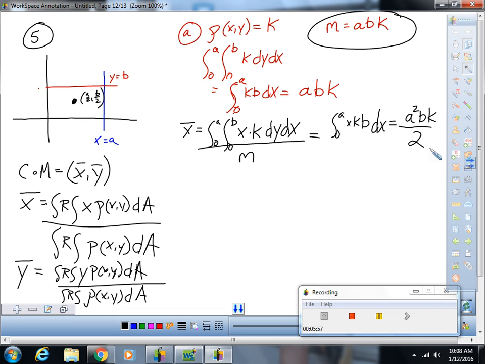So now how do I find my x portion of my center of mass? I got to take that thing and divide it by ABK. B's are gone, K's are gone. My A squared becomes an A, and my x bar is equal to what? A over 2. Perfect. That's what we wanted, right?